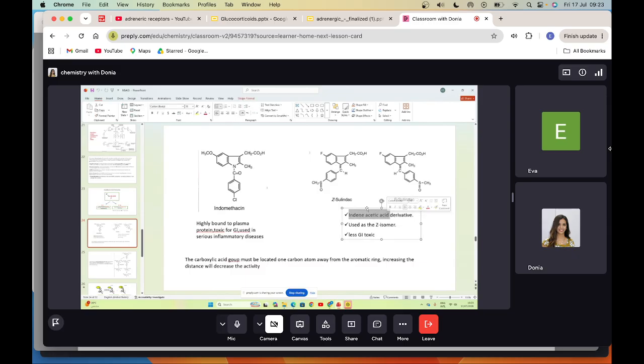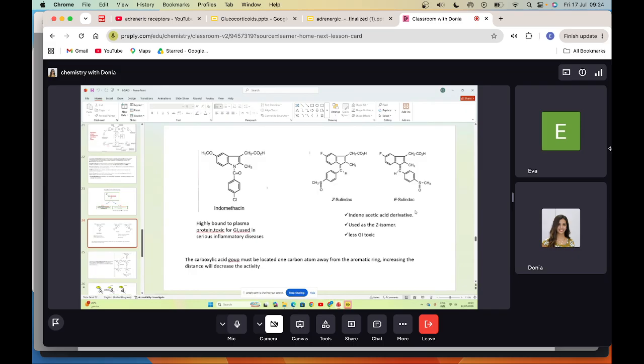Whenever you have a C double bond C, you have Z and E isomers. Can you remember the Z and E isomers from the organic courses? Z means that when I draw a line at the double bond, the heavy groups are on the same side. If the heavy groups are on opposite sides, it's called the E isomer.